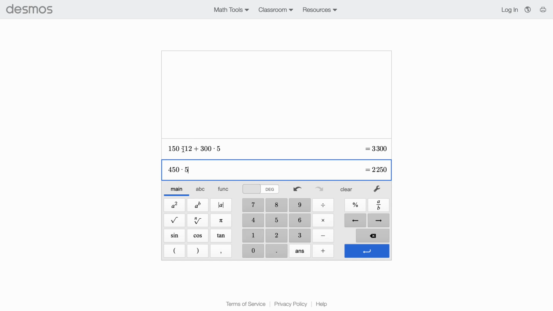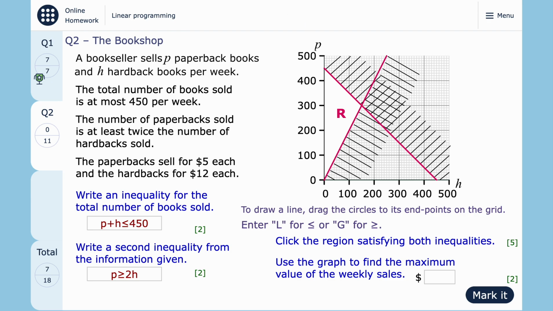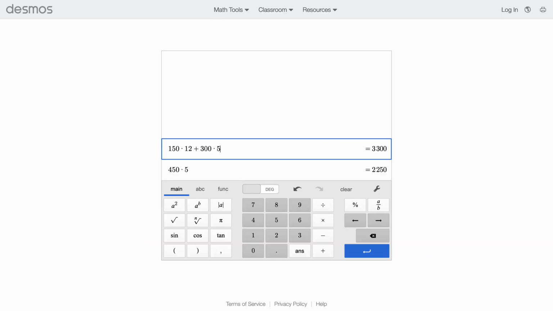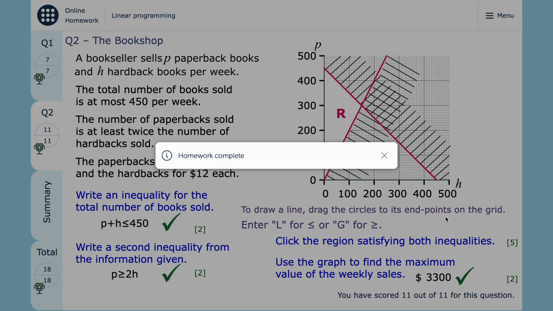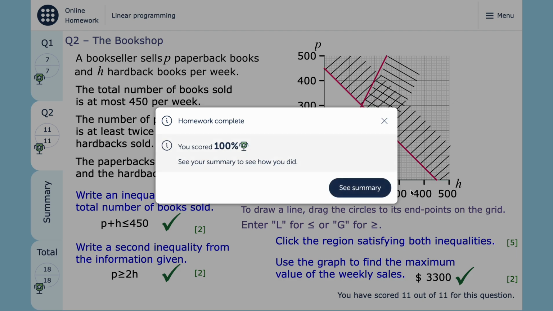So actually their optimal outcome is to sell 150 hardbacks at $12 and 300 paperbacks at $5. So that's giving them $3,300. So let's put 3,300 in there and mark it. And there we are, 100%.